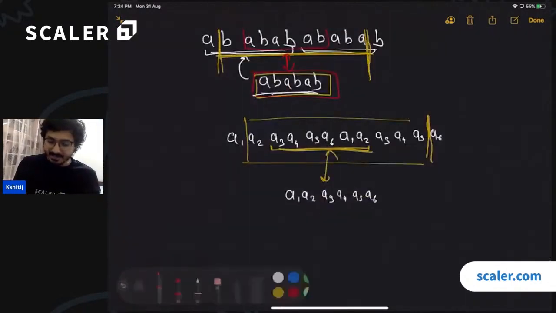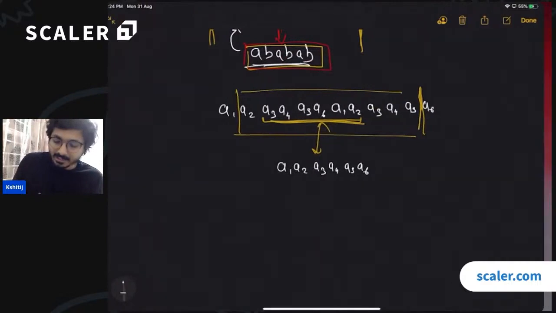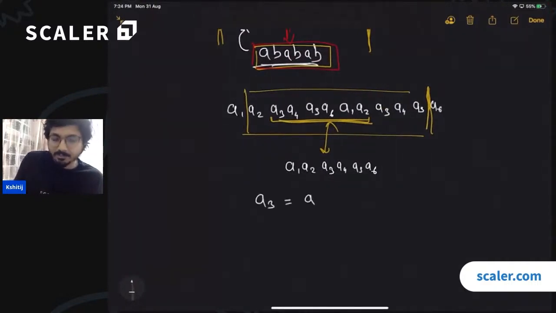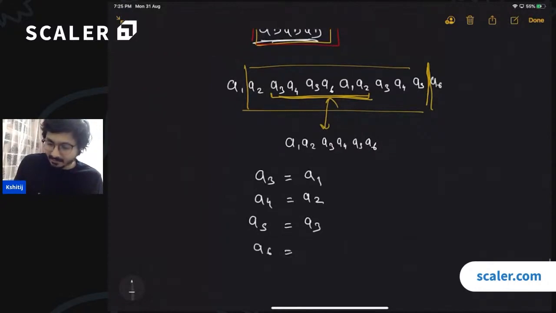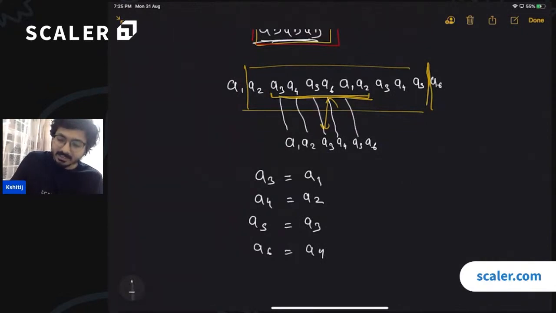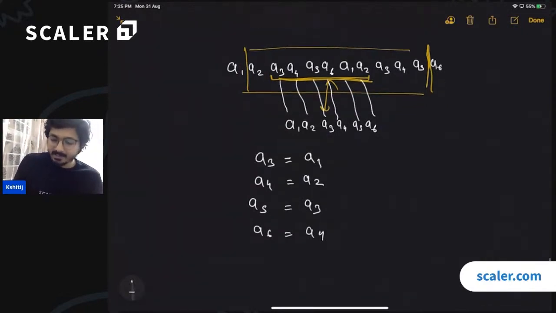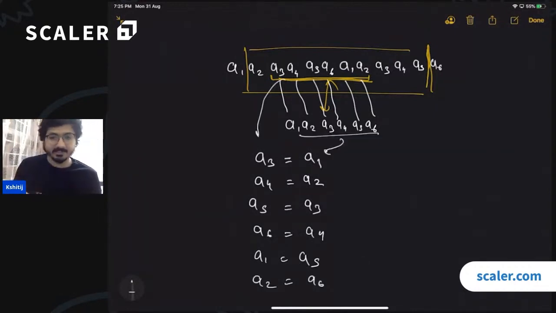This means that if these two are equal, then A3 is equal to A1, A4 is equal to A2, A5 is equal to A3, and A6 is equal to A4. Because if these two strings are similar, then character by character they are going to be exactly the same. So A1 is going to be equal to A5 and A2 is equal to A6. I have written this string here and this string here.